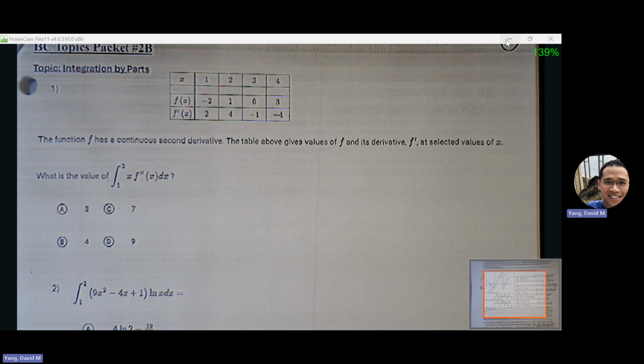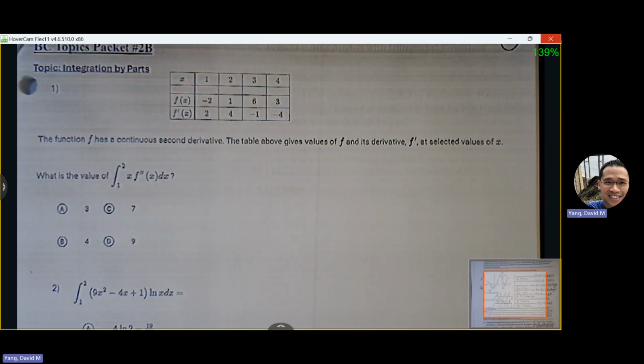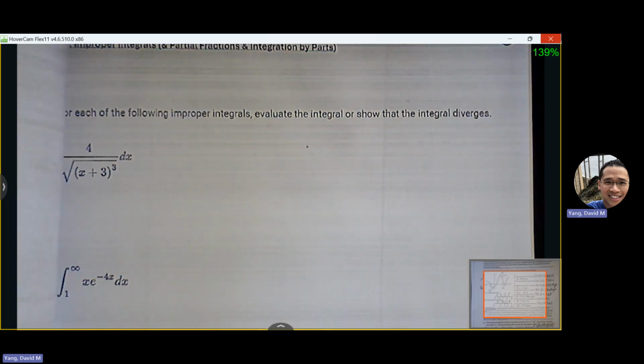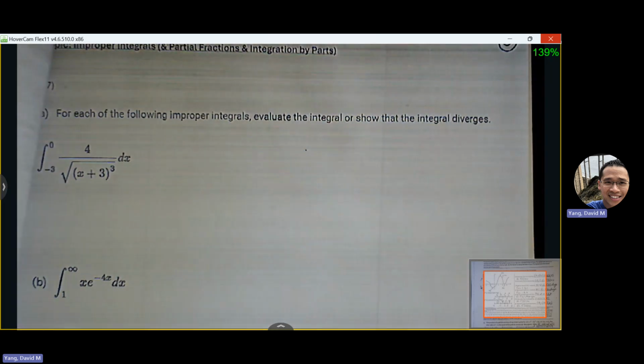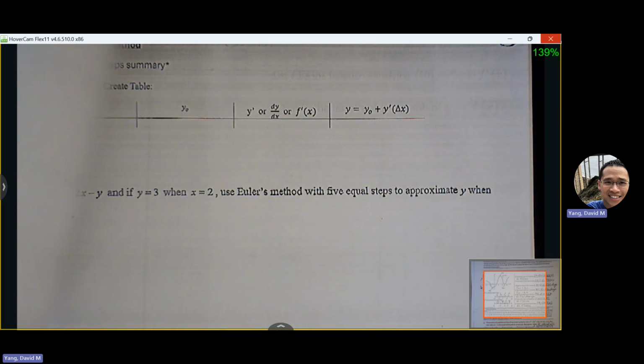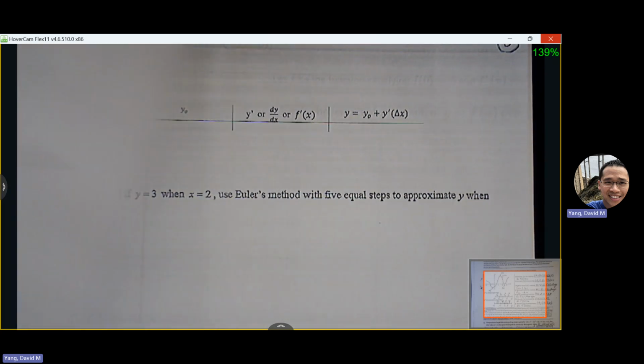Okay, I hope that we can get through this packet by the end of this week. So these are BC topics up to polar. So today I'd like for us to review integration by parts, linear partial fractions and proper integrals, and maybe we can get to Euler's method as well.